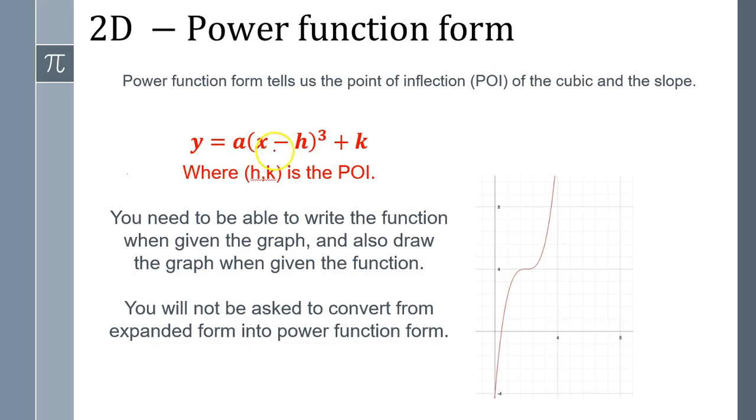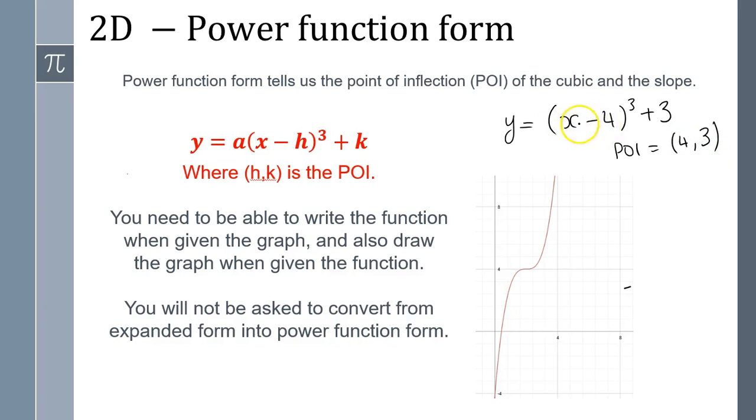You can see this formula here, which is on your formula sheets, is the power function form for cubic functions. So the point of inflection is at (h, k), and you'll notice it's the opposite sign. So if you had y equals (x minus 4) cubed plus 3, your point of inflection would be at (4, 3).